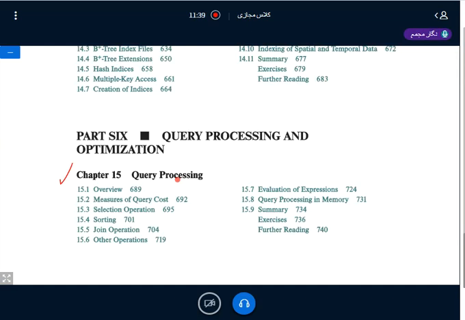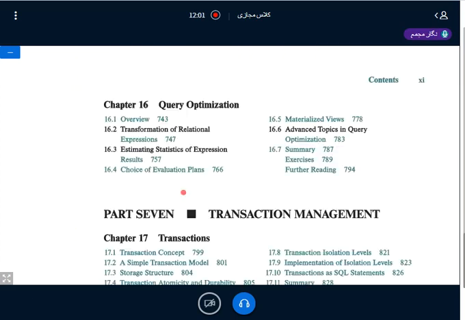In this chapter, we learn how queries are processed and executed, and understand some key points so that we can write our queries better and run them faster. This is an important chapter again.